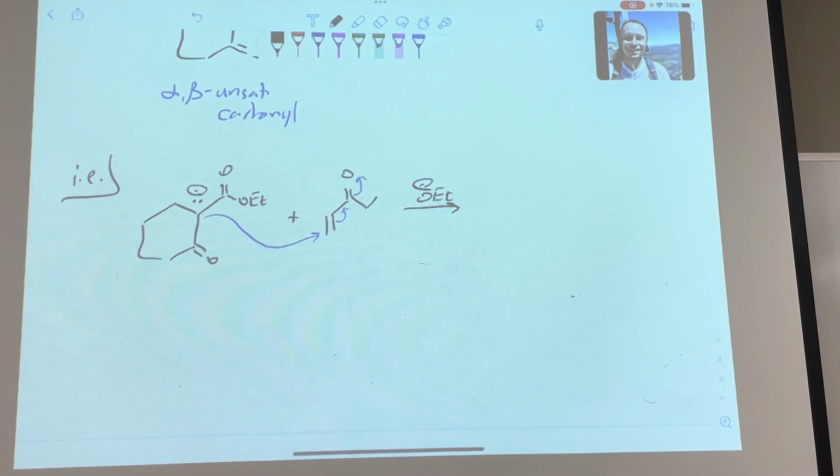And you should get something that looks like this. And then that's going to protonate from the solvent.